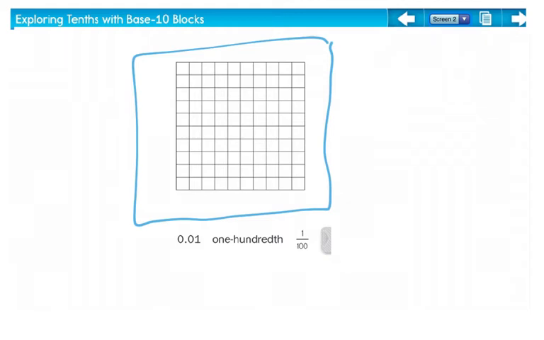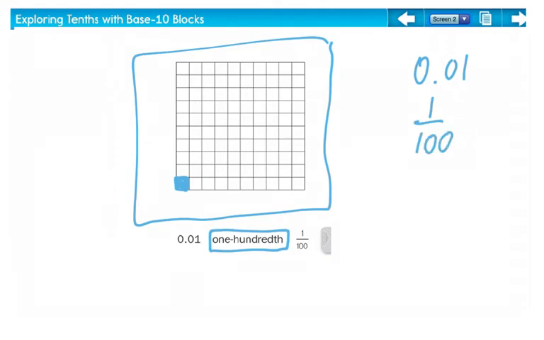What I would like for you to do is take 1/100th or 1 cube, and on your sheet of paper of your 100 grid, go ahead and put 1 cube in there. We could write that as 1/100th, or we could say it covers 1 out of the 100 boxes. Both of these are equivalent.